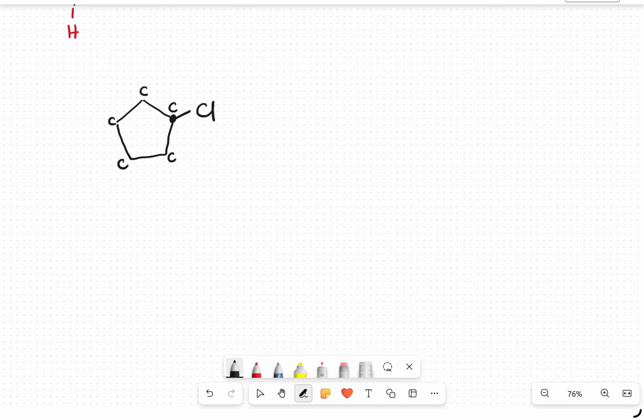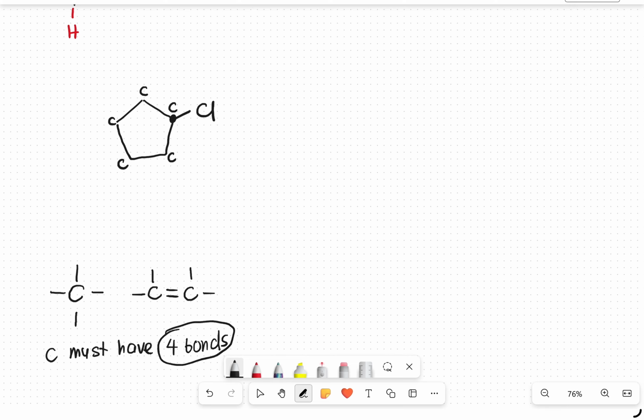Remember the rule here: carbon must have 4 bonds. 1, 2, 3, 4, like this, or if it is a double bond, then 1, 2, 3, 4. On the right side also it must be 4. Make sure carbon must have 4 bonds. This is the general rule.